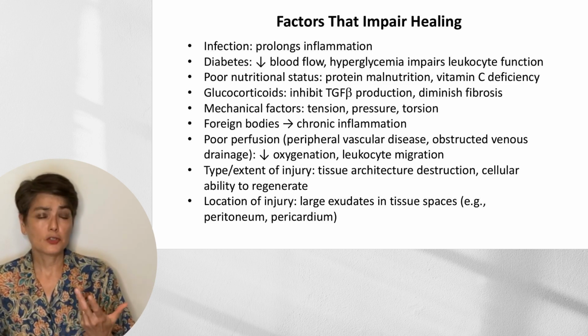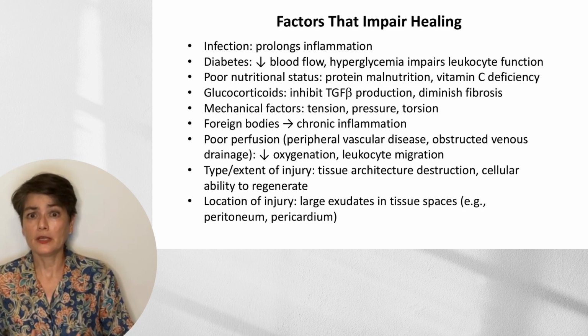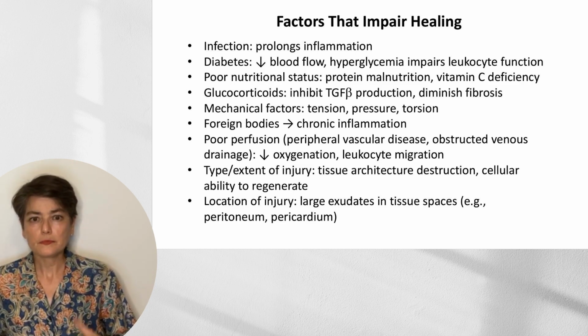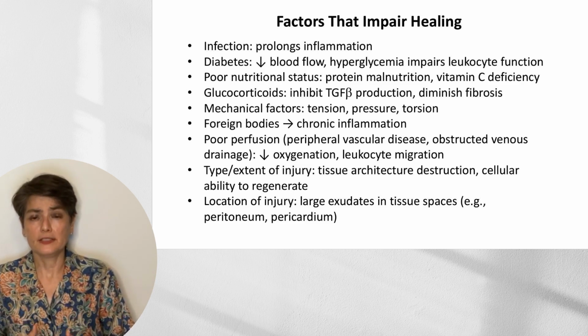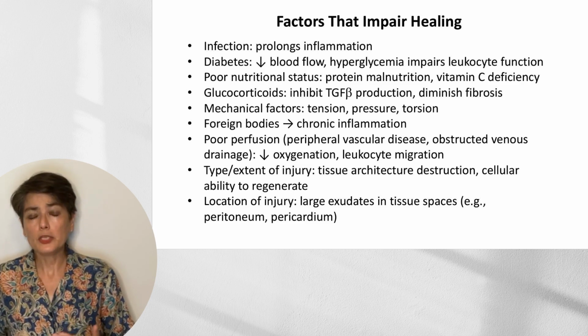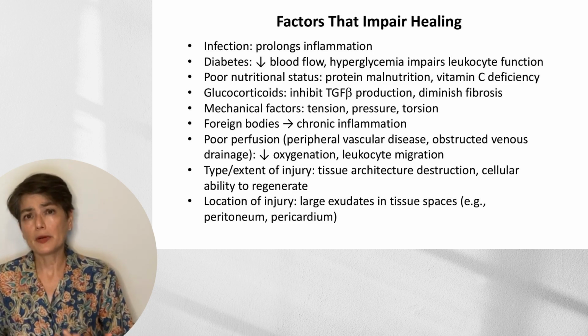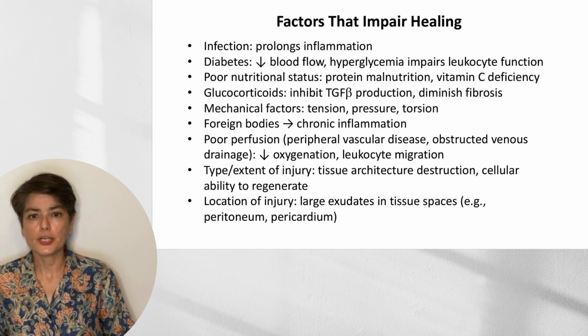For example, a superimposed infection is going to impair healing because it prolongs inflammation. Inflammation is going to bring in those inflammatory mediators. There'll be some collateral tissue damage, so that's going to slow that down. Diabetes is a particular systemic disease which is important in impaired healing, because not only do we have the decreased blood flow due to peripheral vascular disease, but hyperglycemia will impair leukocyte function.